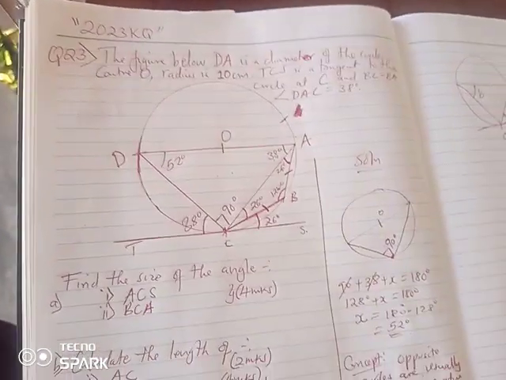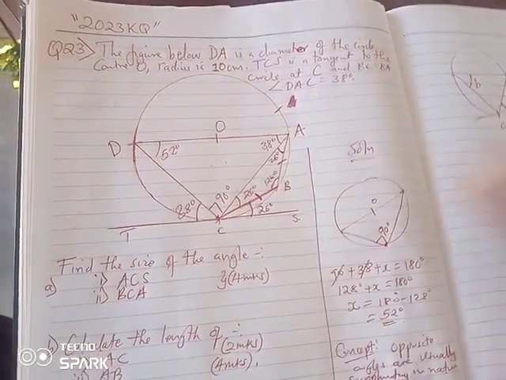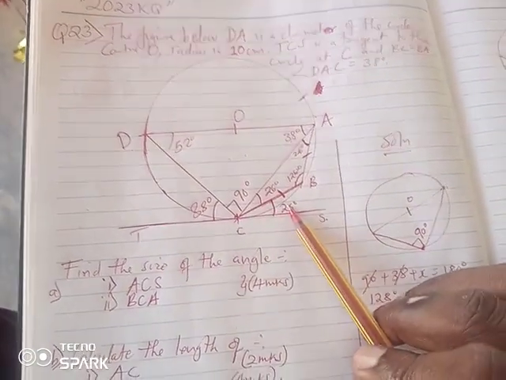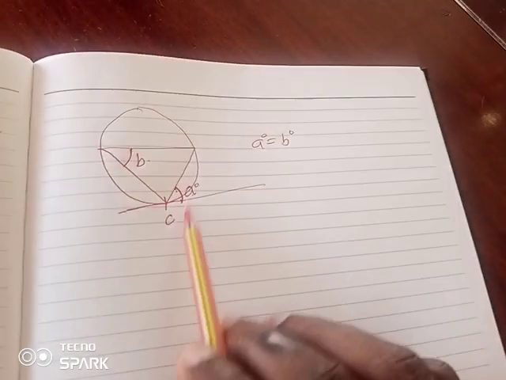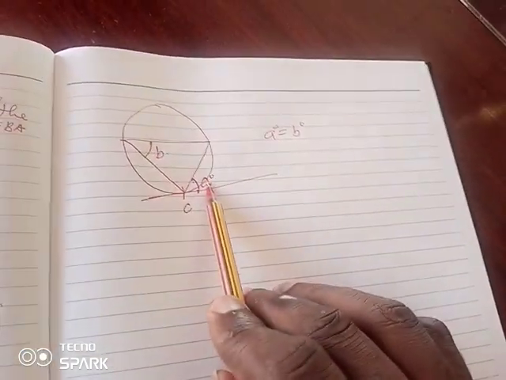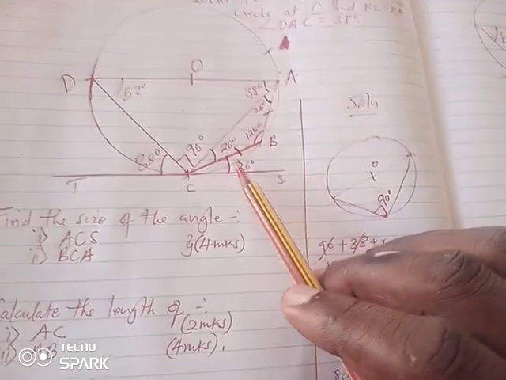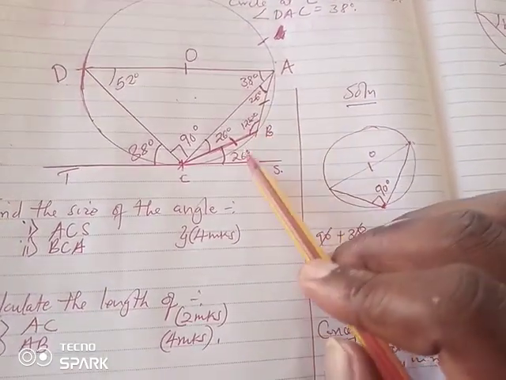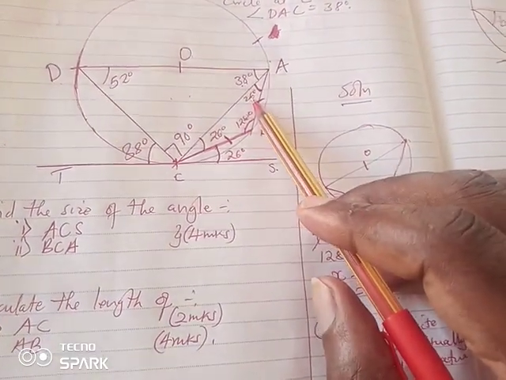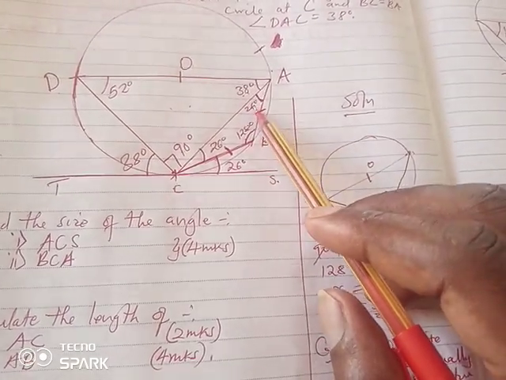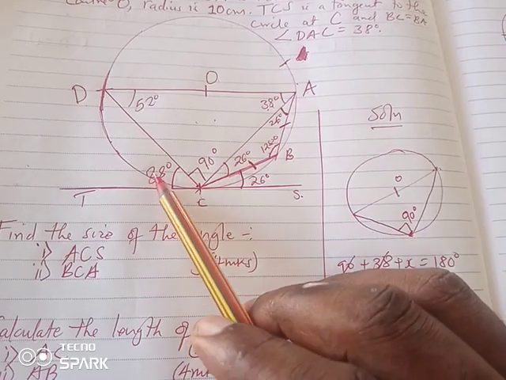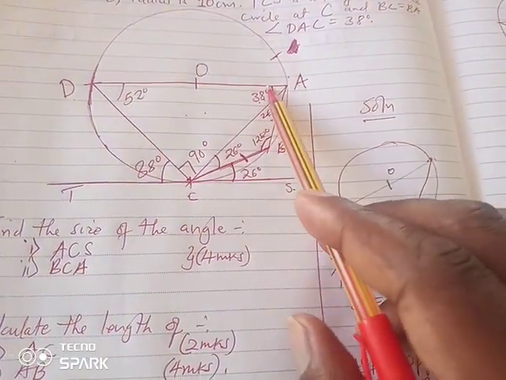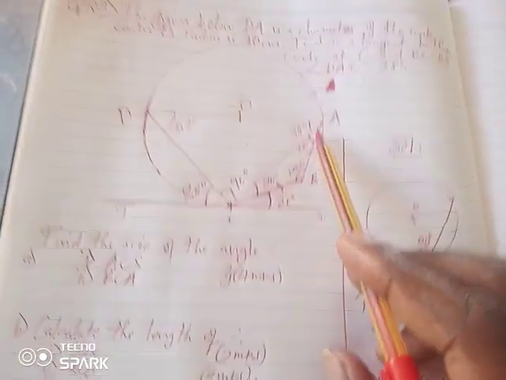I'll repeat once more. The 26 has come from this concept where angles in alternate segments are usually equal. The same thing we have seen here with 38 and the 38 on the opposite segment.